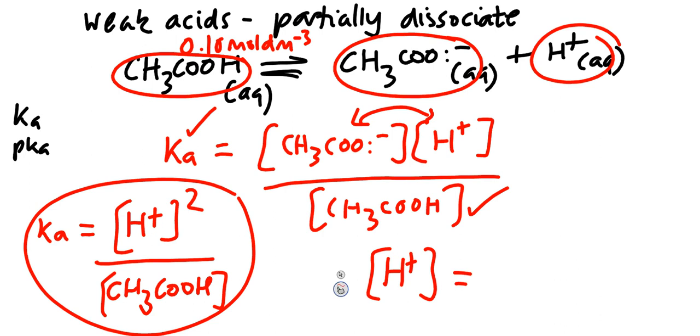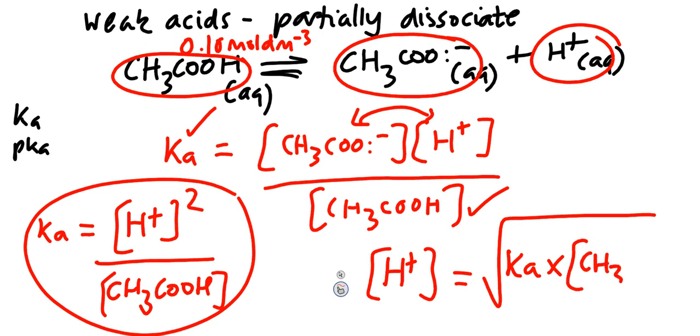Well, it's going to be equal to the square root of Ka times the concentration of the weak acid. So whatever the concentration of the weak acid is, you multiply it by the Ka value, square root that, and that gives you H plus. And as we know, pH equals minus log to the base 10 of hydrogen ion concentration.